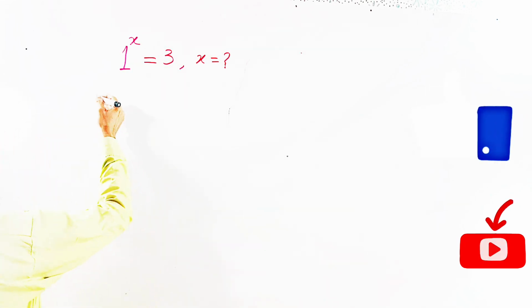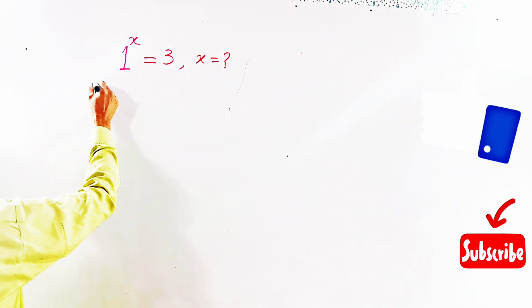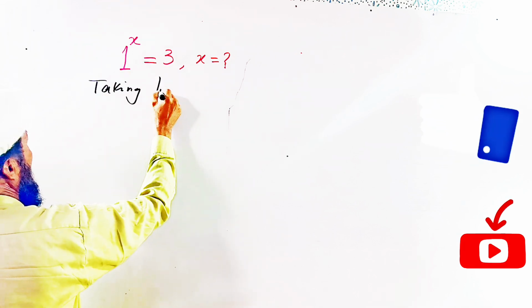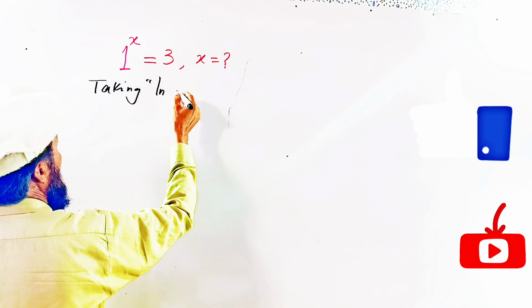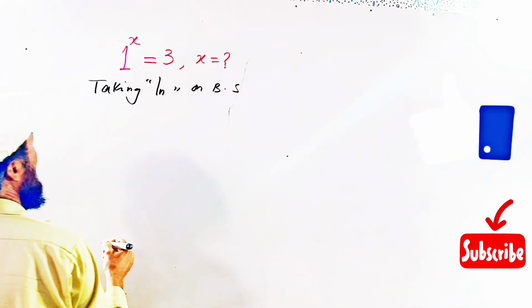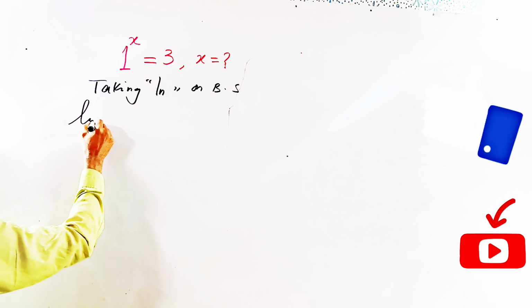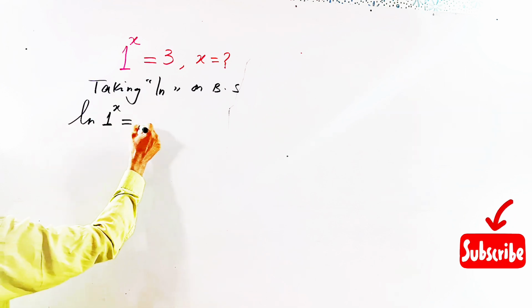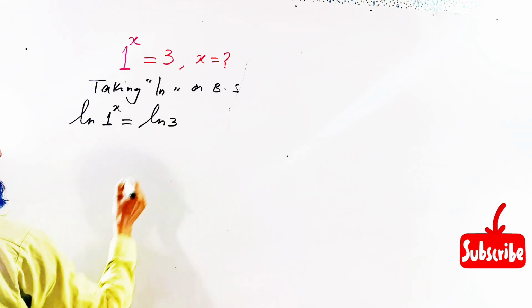According to the natural logarithm, taking log on both sides, log of 1 exponent of x is equal to log of 3.